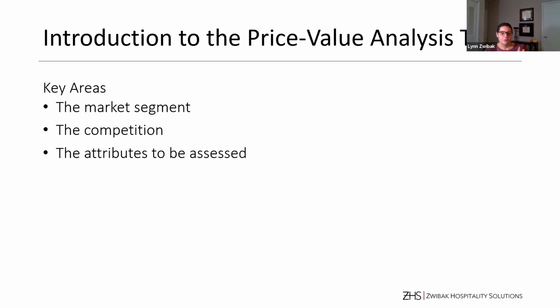We're going to look at the competition for that market segment, because competition can vary for different segments. And then we're going to look at attributes, and those are the actual features and benefits that are important to that market segment. Much more information to come on each of those.